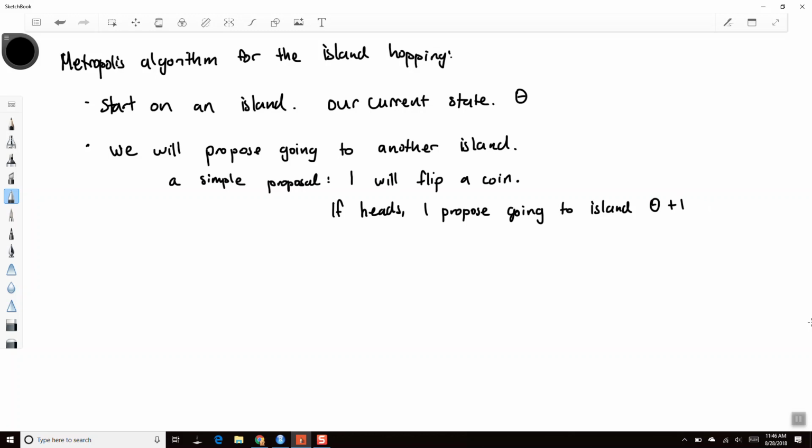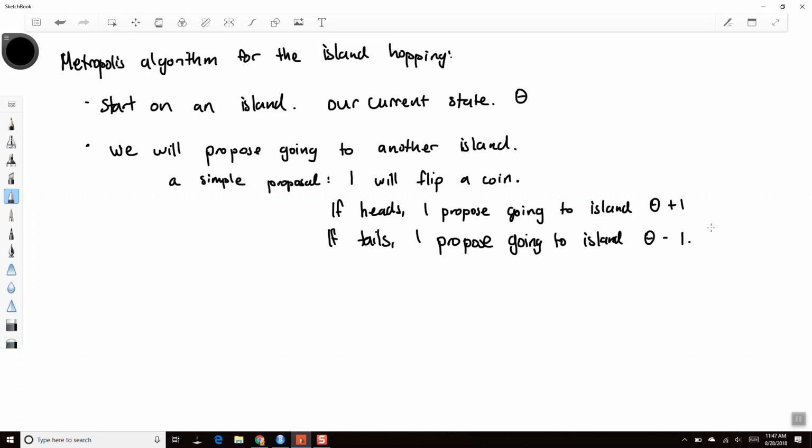Okay, and if tails, I propose going to island theta minus 1. Okay, so if I'm on island 3 and I flip tails, I'll propose going to island 2. Okay, is that all right?